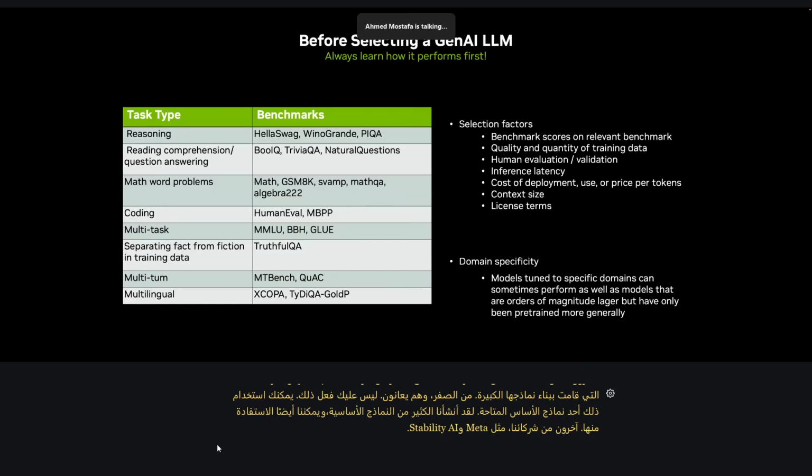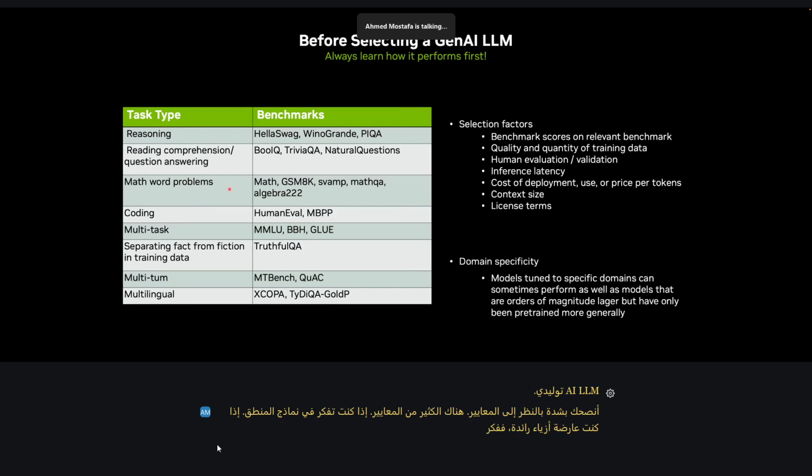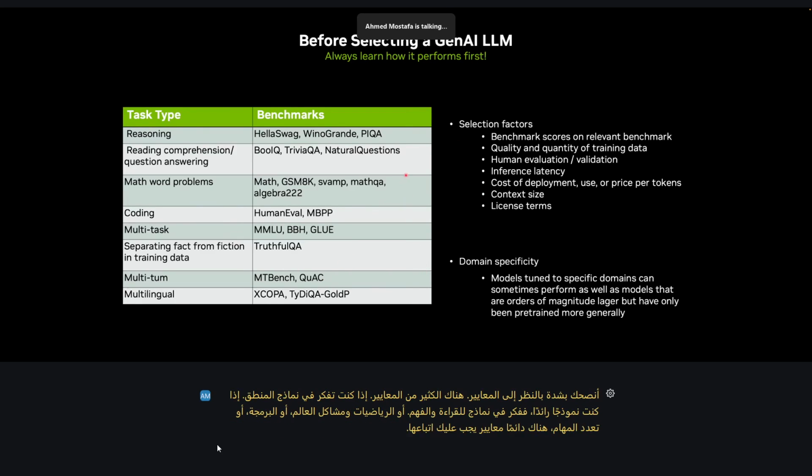Whenever you get into selecting or choosing a generative AI LLM, I strongly advise you to look at benchmarks. There are a lot of benchmarks. If you are considering reasoning models, models for reading and comprehension, math and word problems, coding, or multitasking, there are always benchmarks that you should select and choose.